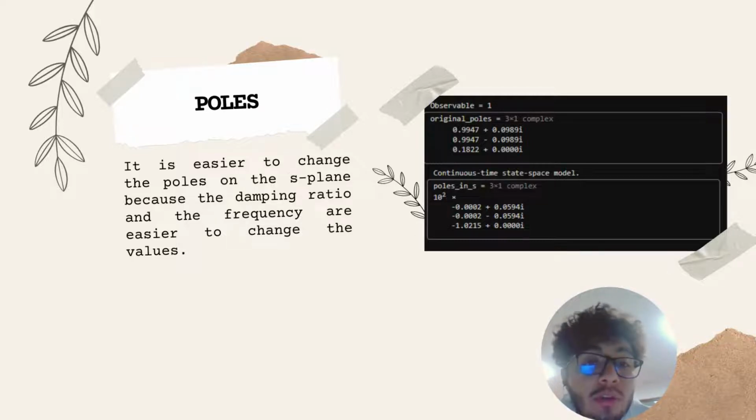So we get our poles in S. Also, the damping ratio I use was 72.68, and my frequency was 7.08. So I use those values and that's it.